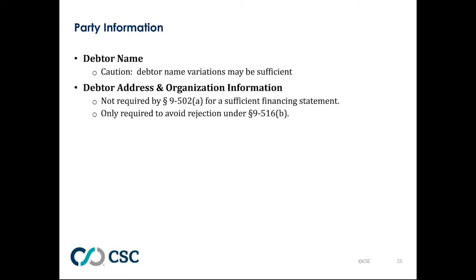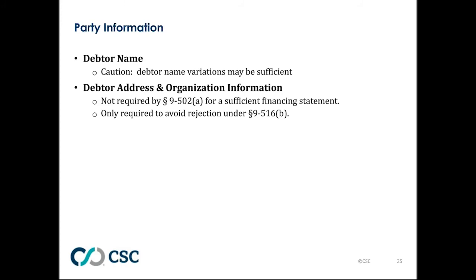There's a slight risk of subordination if somebody reasonably relied on the absence of that information, or if it's provided and it's incorrect. But the contents of the debtor address and organization boxes will not make a record ineffective.